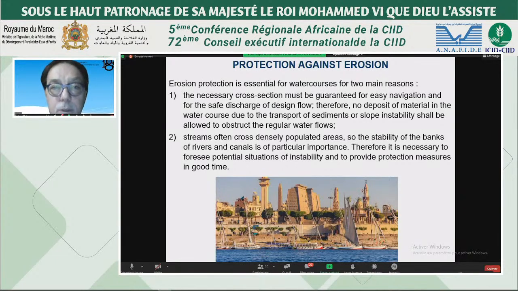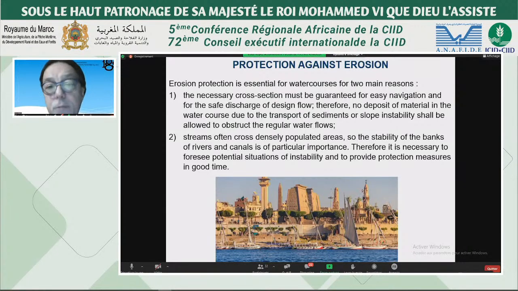La protection d'érosion est essentielle pour les voies d'eau pour deux raisons. D'abord, la garantie de la navigation facilitée, et le transport de sédiments pour la construction.